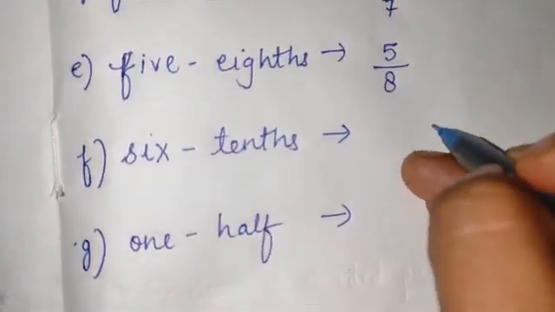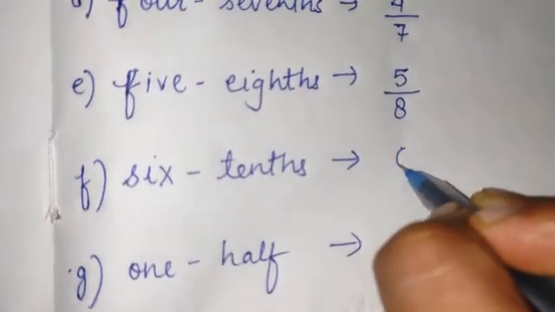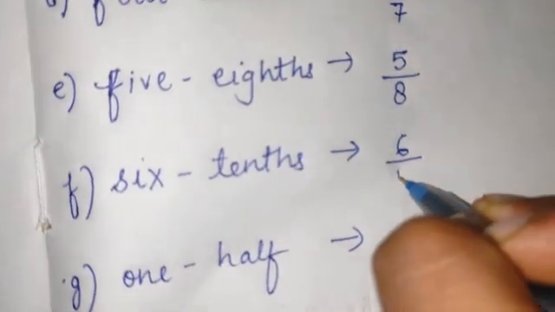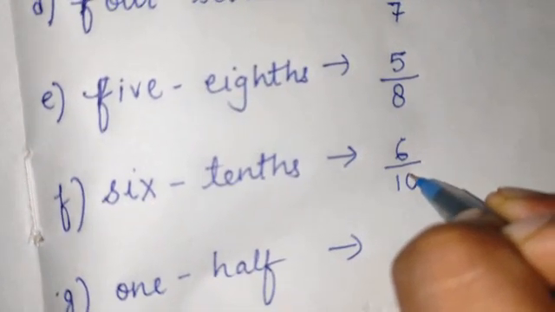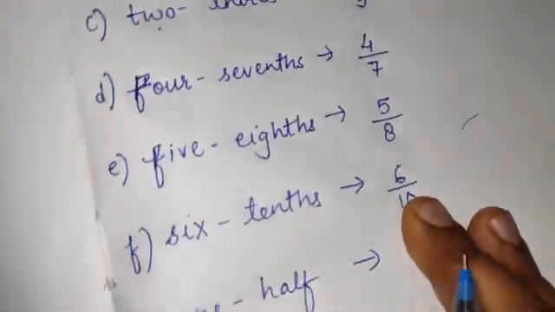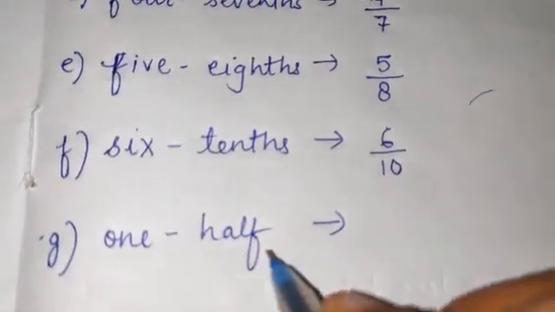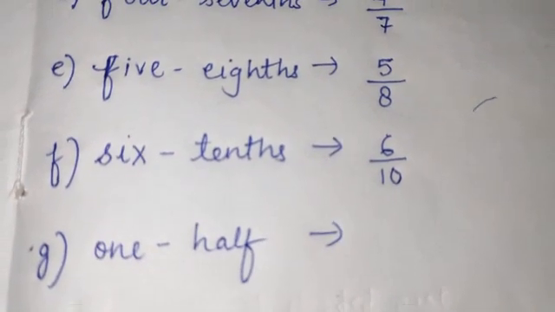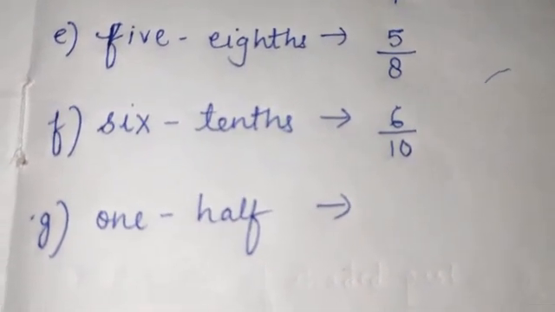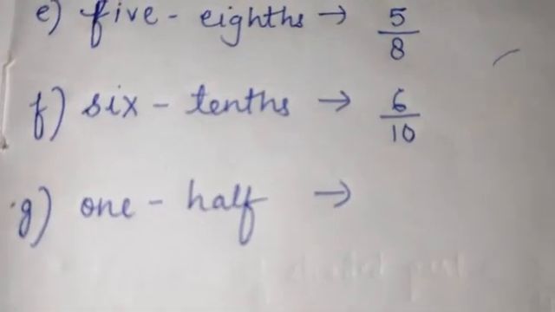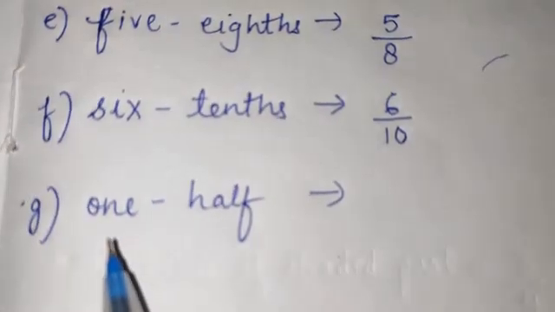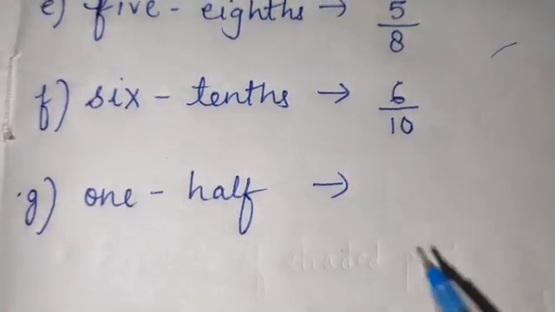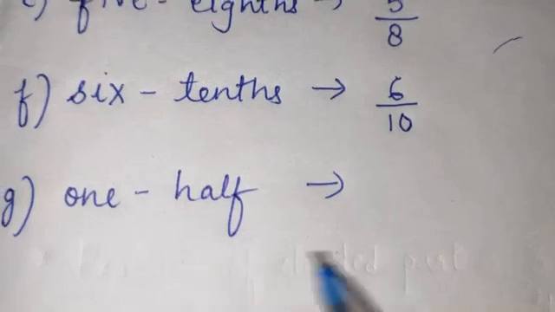Then similarly, six-tenths. So 6 will be our numerator and what? 10 will be our denominator. Here, the last one, one-half. Half means this thing should come to your mind that whenever you say half, you consider that the given figure or the given whole is divided into 2 equal parts.